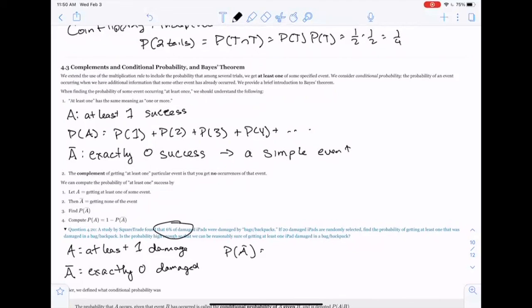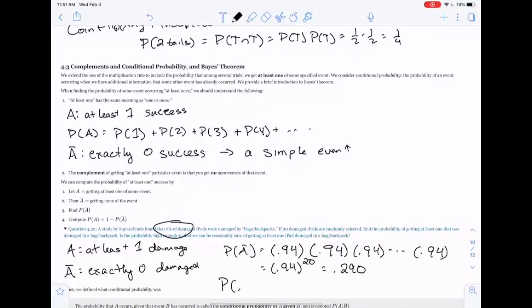So the first iPad not being damaged is 0.94 probability. The next iPad is 0.94 and 0.94, and all the way to the 20th iPad not being damaged is 0.94, which is 0.94 to the 20th, which if we compute that, we get 0.290. That's the probability that all 20 iPads were not damaged by the bag.